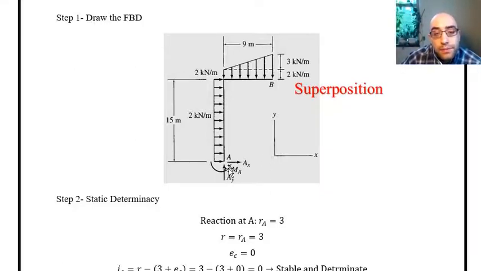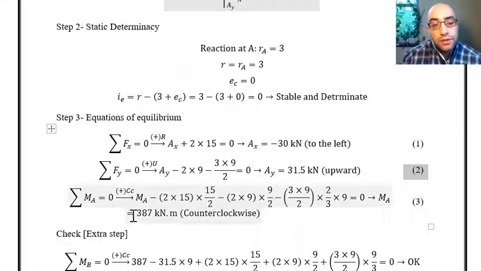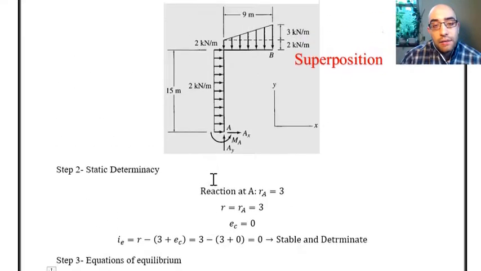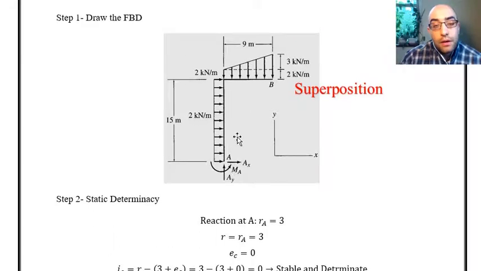So let's write the equation. Summation of moments about point A is equal to 0, positive counterclockwise, which means that MA, this moment, minus the moment because of this distributed load, which will be 2 multiplied by 15. That is the force representing this uniformly distributed load. And the location of that force will be at the center of the distributed load, which in this case is exactly over here.